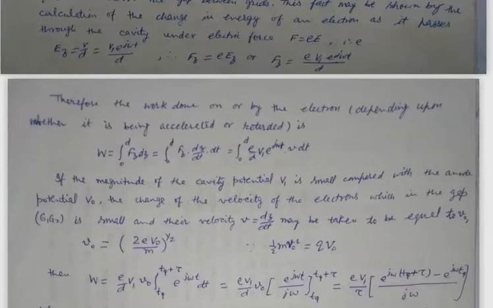Therefore, the force Fz is given by e into Ez, that is, Fz is e V1 over D into e raised to the power j omega t. Therefore, the work done on or by the electrons depends upon whether the electrons are being accelerated or decelerated.